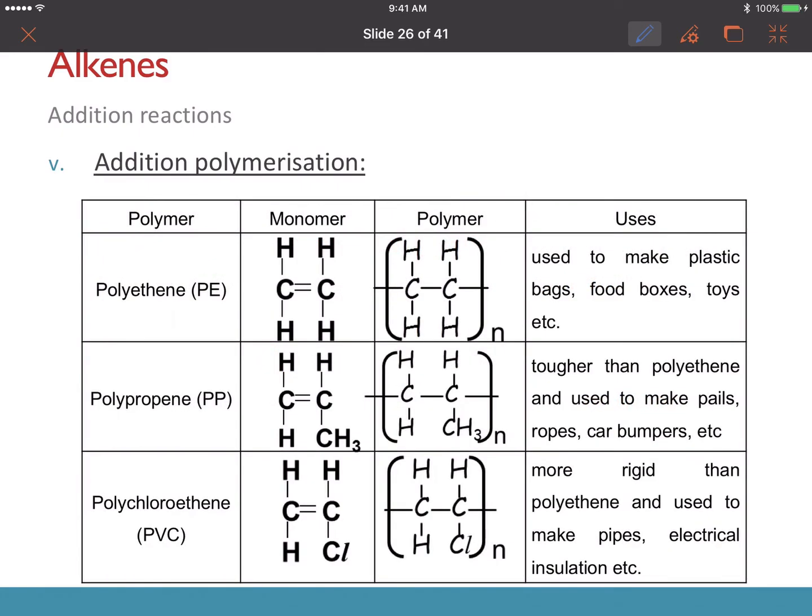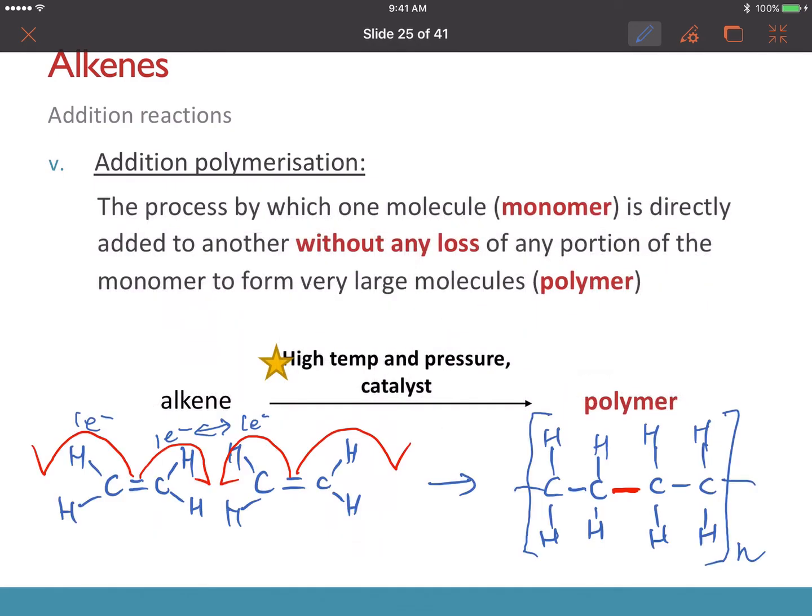Okay, so here are some of the common polymers that we see around our everyday life. We have polyethylene, which is the one that I just drew. The monomer is an ethene molecule, and the polymer is actually fully saturated. You can see that all the carbons form 4 bonds, and they are all single bonds.